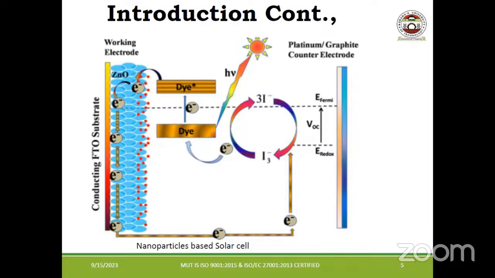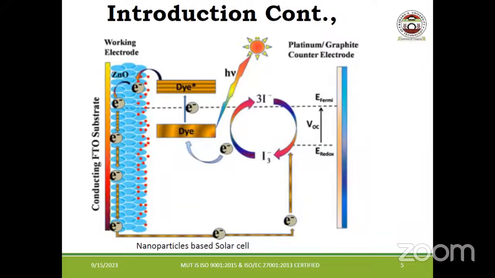In this nano-based solar cell, for example, a material like zinc oxide nanoparticles, which in this diagram you can see the nanoparticles. Sometimes you can find them in a spherical shape.